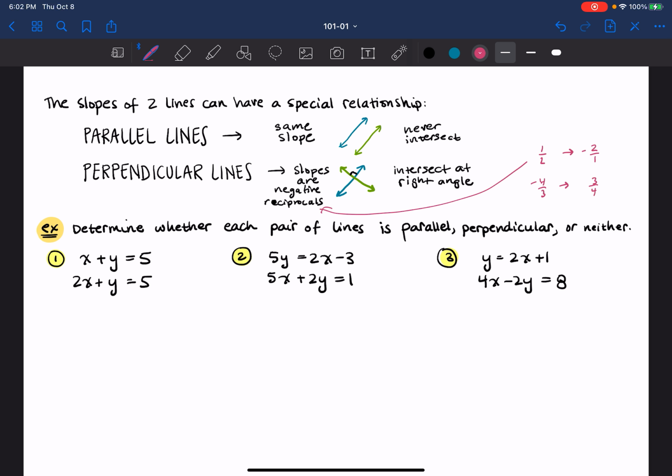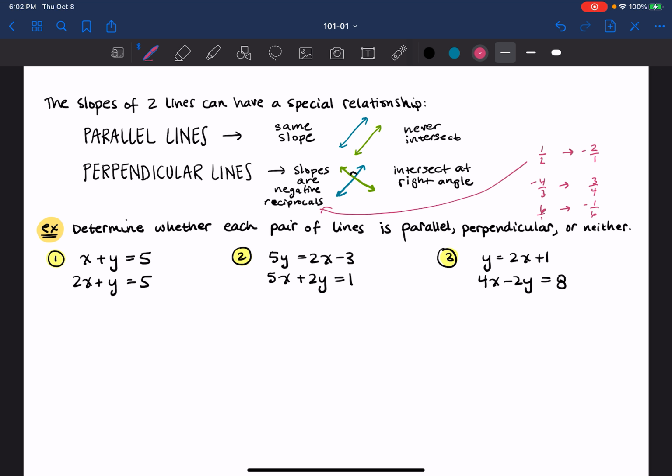If lines had these two slopes, they would be perpendicular. If you have a slope of 6, the reciprocal of that would be 1/6, because this is really over 1, and so you negate that to give you negative 1/6.